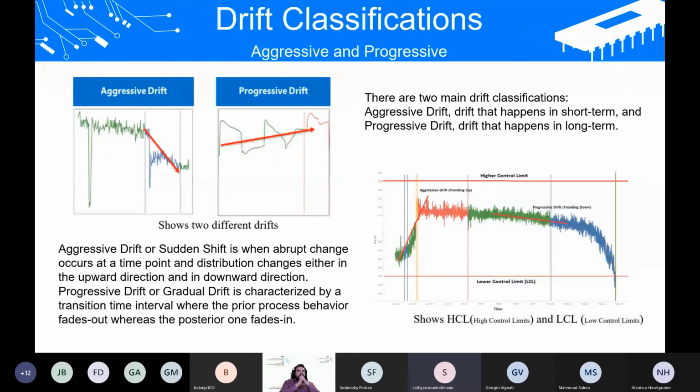So, to understand a little more, what we're talking about is what we define as aggressive drift, and also progressive drift. If anything happens within a short time, we call it an aggressive drift. And a drift that happens over the long term, we call a progressive drift, right?